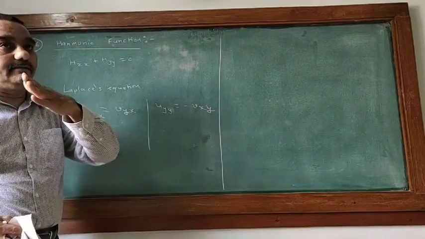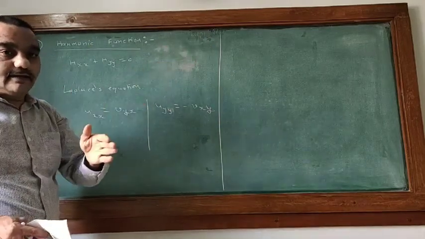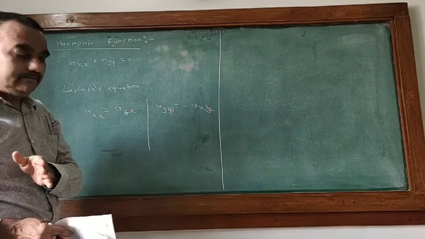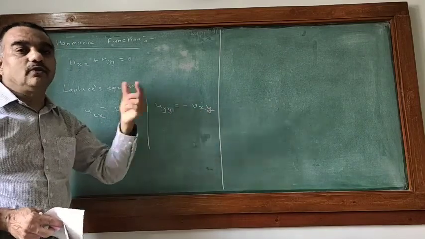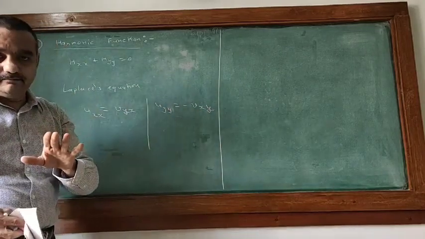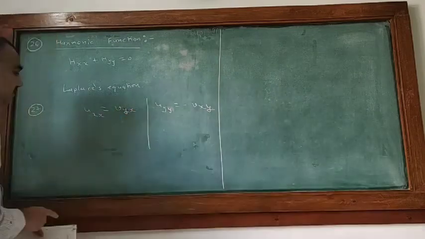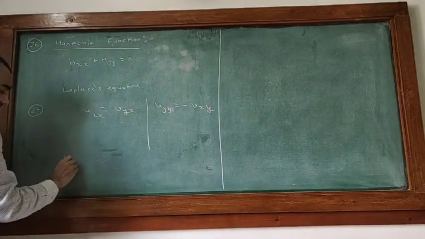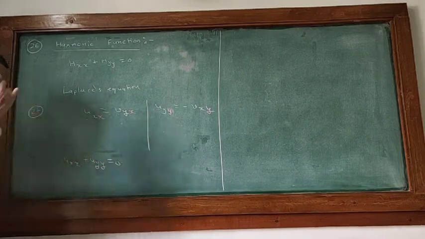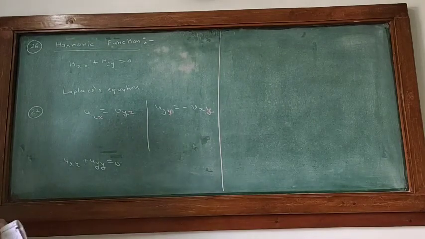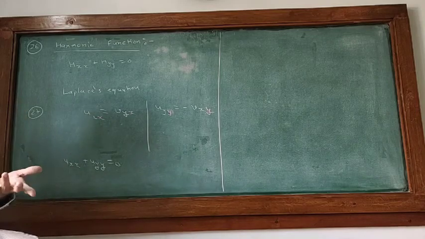Now recall the theorem which we have already proved, Schwarz and Young's. If you apply that here, v of yx and v of xy are the same, and as they are opposite in sign, their addition is equal to 0. If we add both of them, we have uxx plus uyy is 0. Means u is a harmonic function.